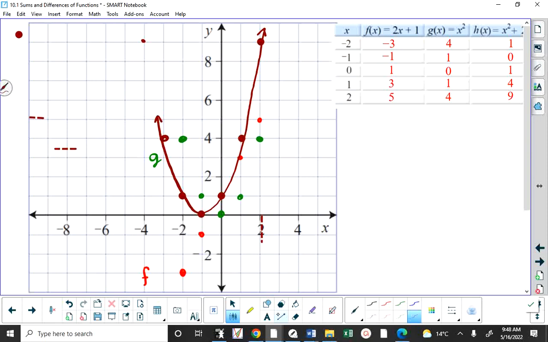Again, what you want to recognize is you're adding y coordinates. Everything in this example leads up to that conclusion. You add the y coordinates. That's why we did everything.